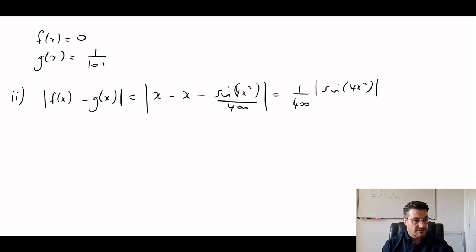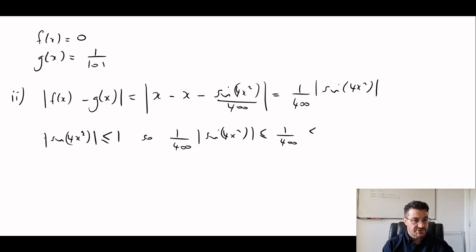Now, the modulus of sine 4x squared is less than or equal to 1. So that means that 1 over 400 modulus of sine 4x squared is less than or equal to 1 over 400, which is less than or equal to, obviously it's less than, but we can write less than or equal to 1 over 320.